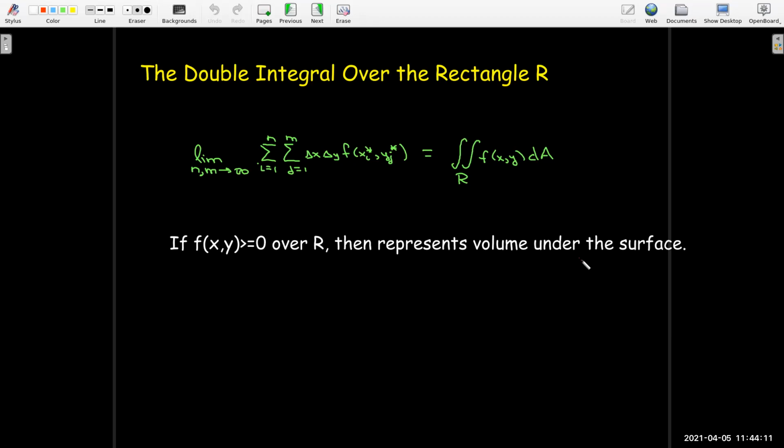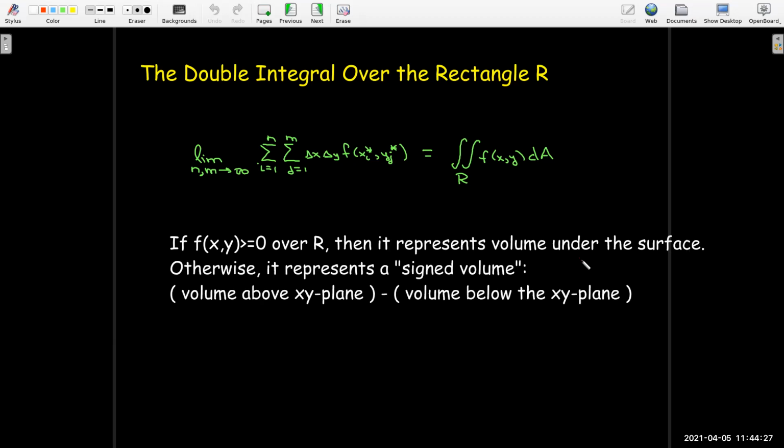Now, we're looking at an example where the function values were all positive. They were all above the xy plane. And in that case, it does represent a volume. But very similar to what happens in one variable calculus, in general, the double integral represents a signed volume.